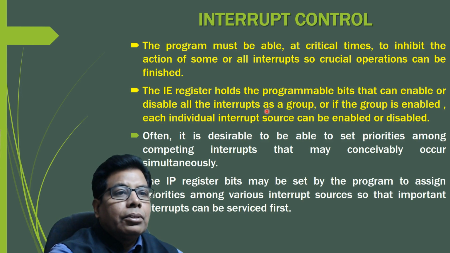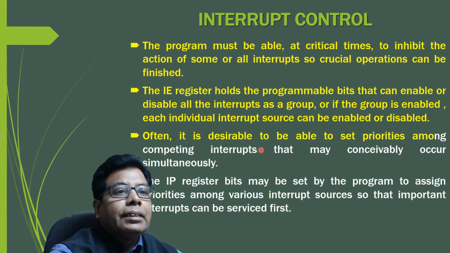Just now we have discussed the IE register details. So there is the EA pin for the enabling and disabling as a group, and individually we have the different pins for each of the interrupt sources.